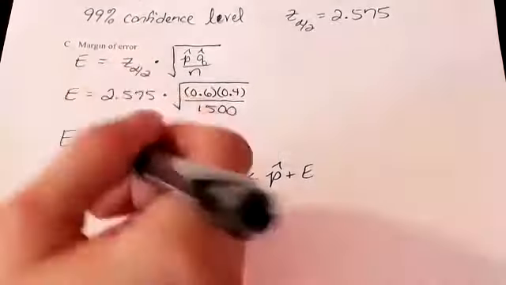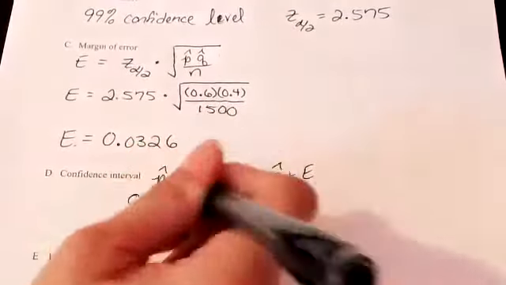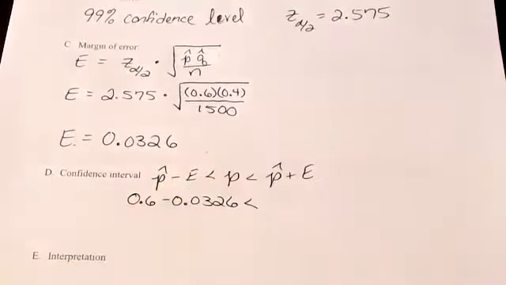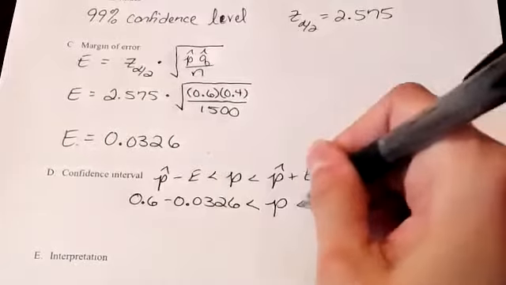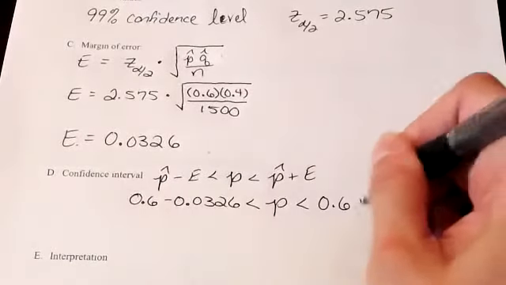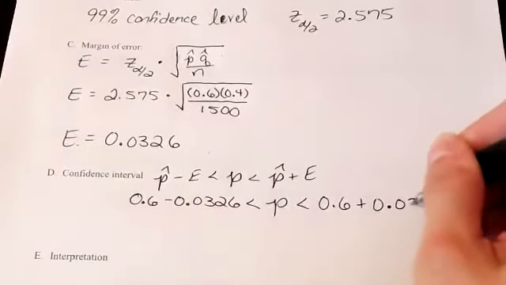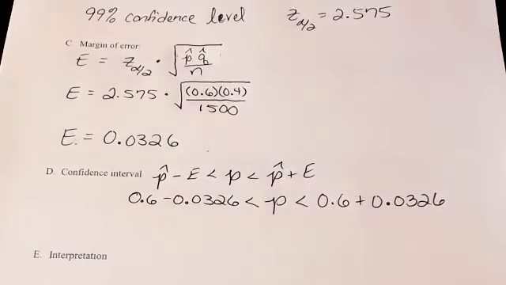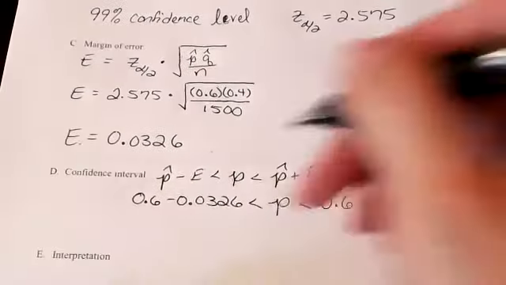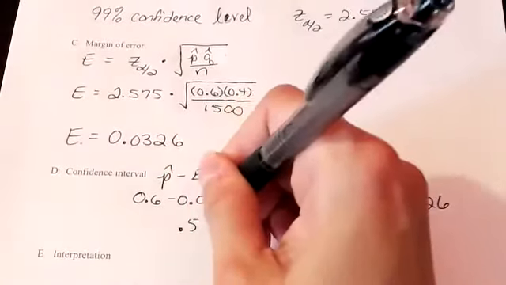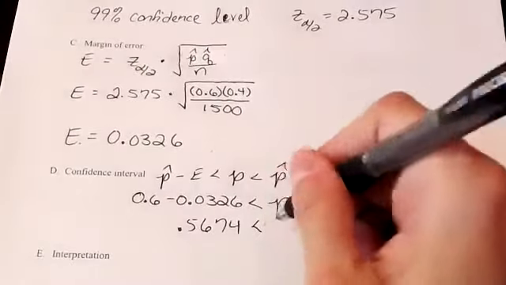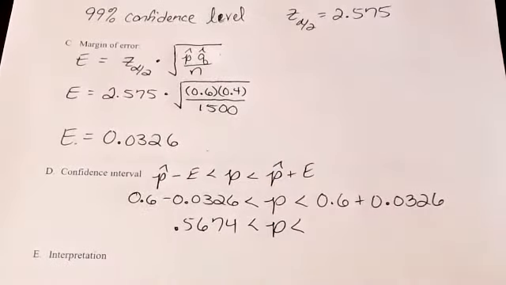All right, let's plug in our values. We know that p hat is 0.6. Our margin of error is 0.0326. Then we have 0.6 plus 0.0326. So we're going to find each of these values. Leah has shared with us that she found 0.5674 for the lower bound. Emma found this as well.